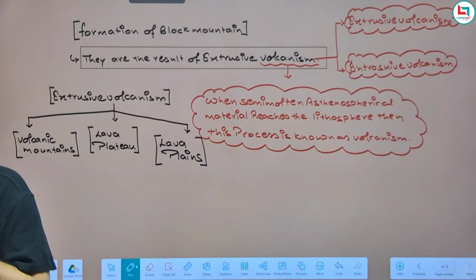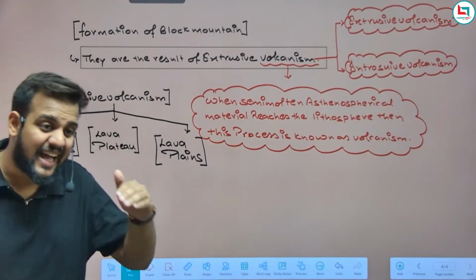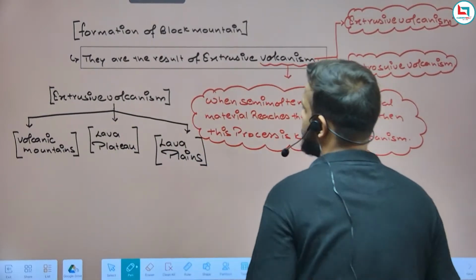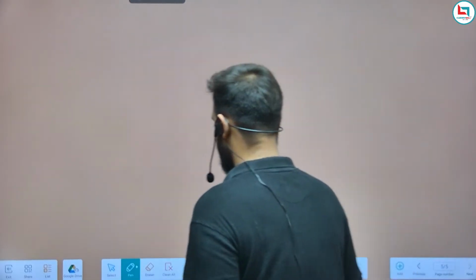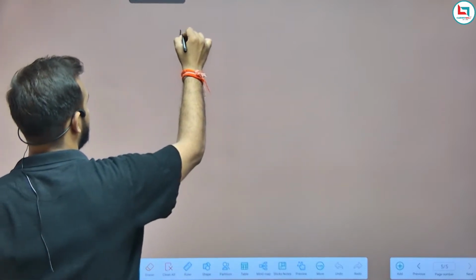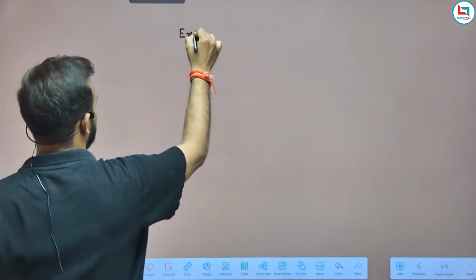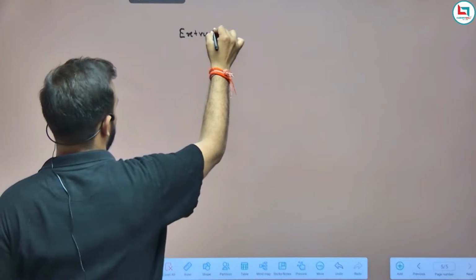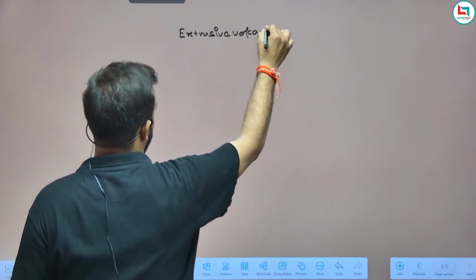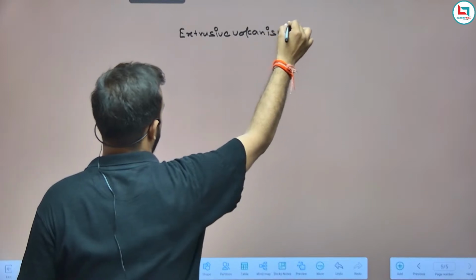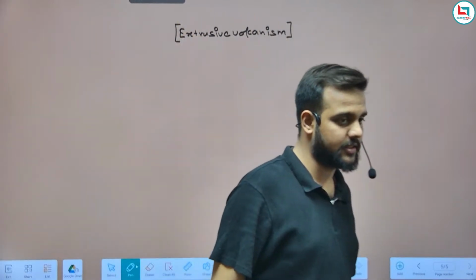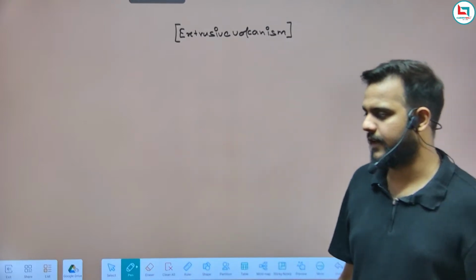Extrusive volcanism is further divided into two different categories.